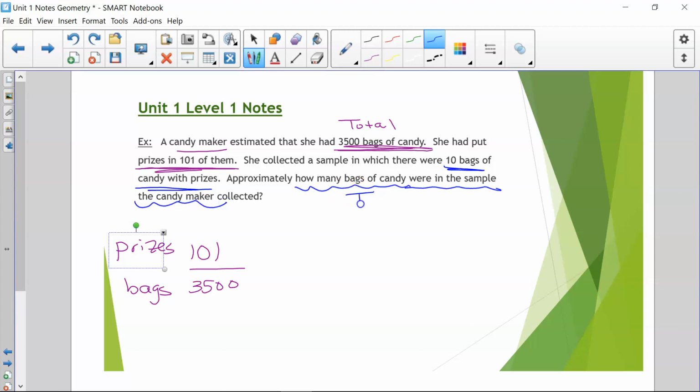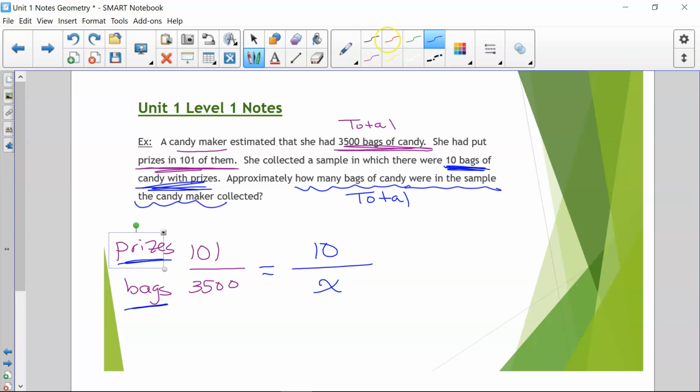So we want to know how many total bags of candy she had if 10 bags of them were with prizes. So this is scaling down this huge ratio that she has so far into if she only had 10 bags of prizes, how many total bags were there?